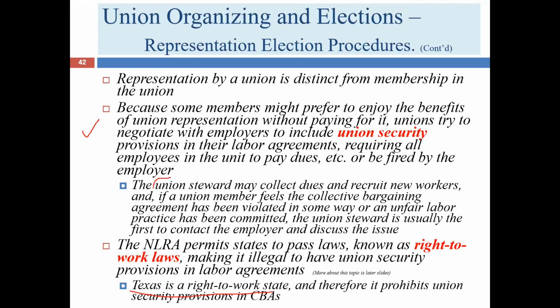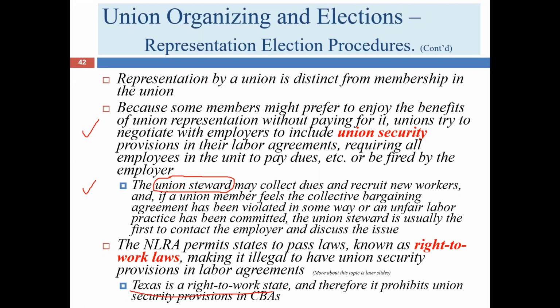Here I have a little bit of granularity about union steward. I presented this term as a definition earlier, but this may be one that you also want to include. So a union steward is going to exist in right to work states and union security states. This is someone who is an employee of the employer and also a union member, a person in a leadership position. Unions usually like to get someone in this position who is liked and respected by his or her coworkers, who's been around the facility for a while, who kind of knows how things happen.